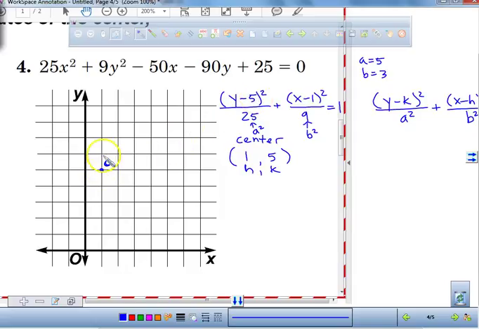So from here you go up 1, 2, 3, 4, 5, and you put a point. You go down 1, 2, 3, 4, 5, and you put another point. Then you go over 3 to the right, over 3 to the left, and those are the answers for your what?